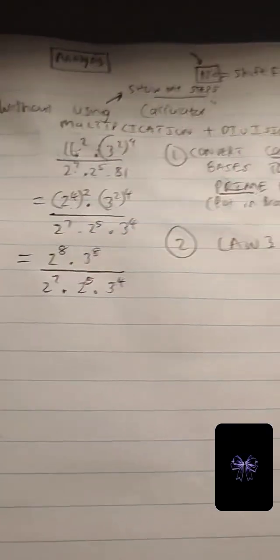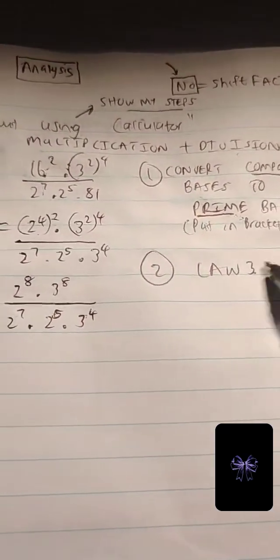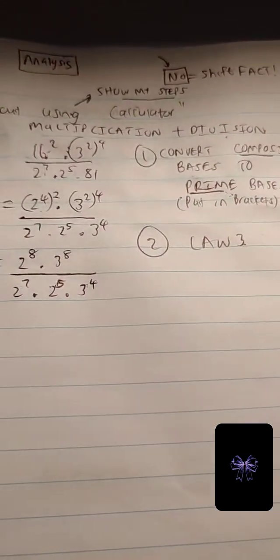Which is amazing. So then we've just converted composite to prime bases. I think that's mark worthy somewhere. Law number 3 has just been applied successfully with the brackets being removed, and multiplying the exponents.